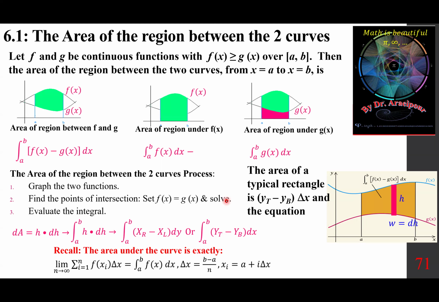Let's make some sense out of this by looking at a couple of examples. In this case, it's the integral from a to b of f of x minus g of x dx, right? For this graph, we are looking at y of the top, T stands for the top, minus y of the bottom.